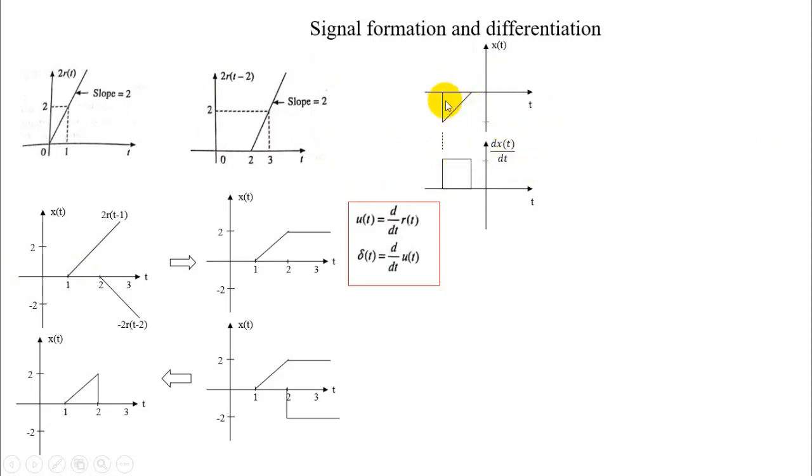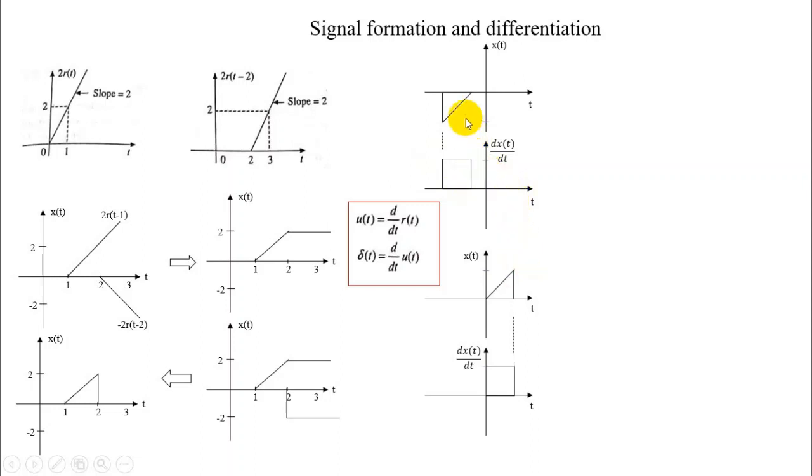In this fashion, if you are asked to differentiate that, you can simply get the derivative of that xt like that. So for a triangular or ramp signal, after differentiating it, you will get that signal.